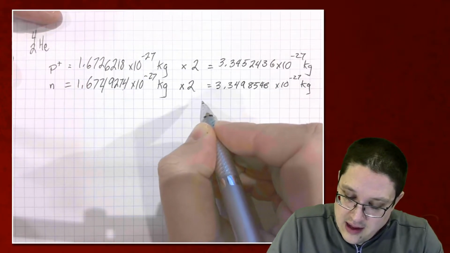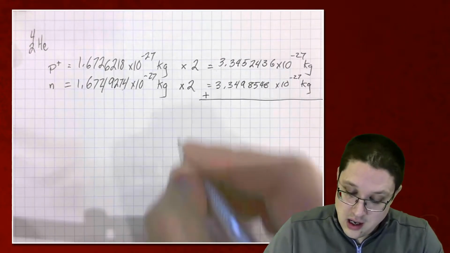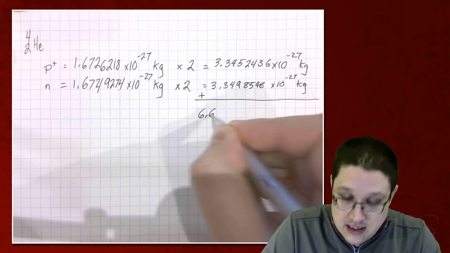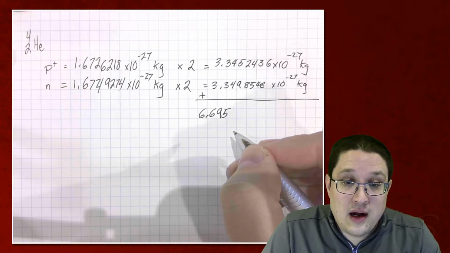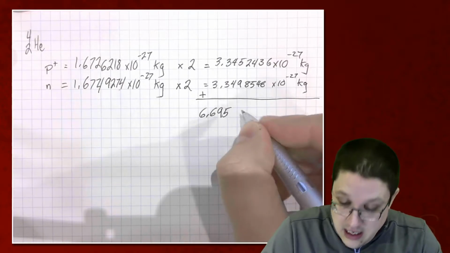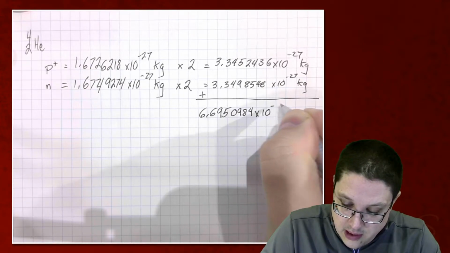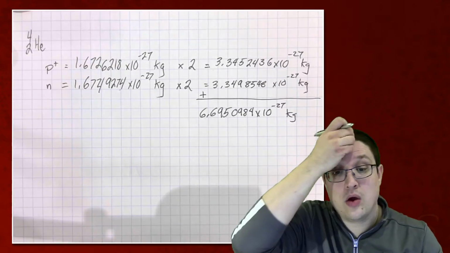If I take those and add them up, I get a total of 6.6950984 times 10 to the minus 27 kilograms. Great.